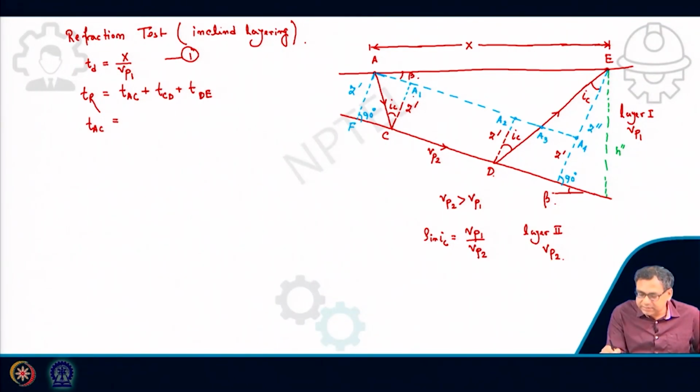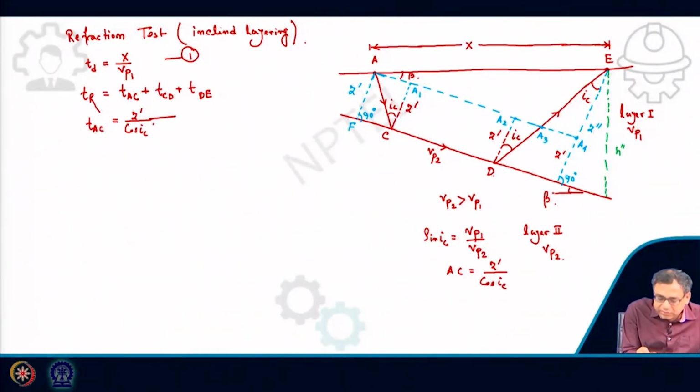So I will get AC as Z dash by cos IC, and then with the velocity Vp1, that will give me the TAC.